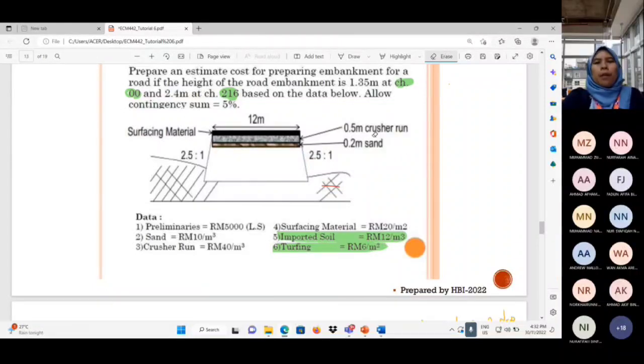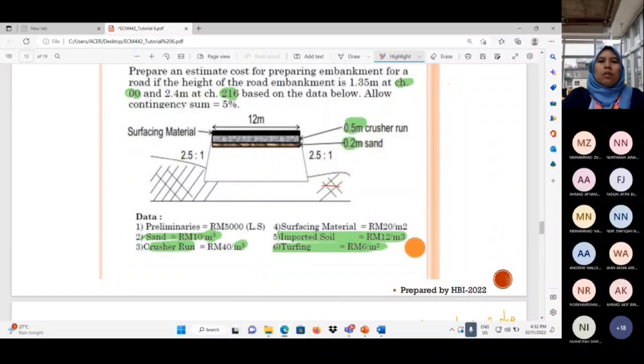However, only crusher and sand yang ada thickness. For surfacing materials tak ada thickness. Sand harga diberi cubic meter, thickness diberi. Crusher cubic meter, thickness diberi.